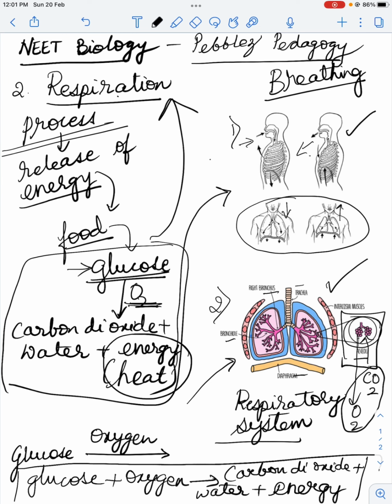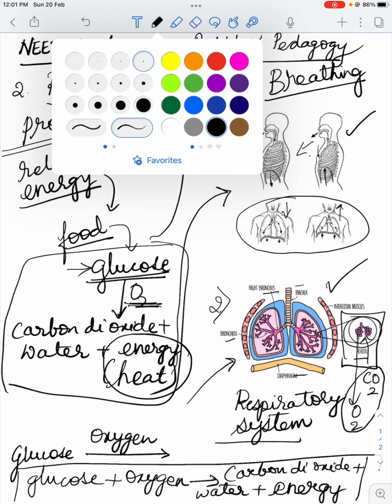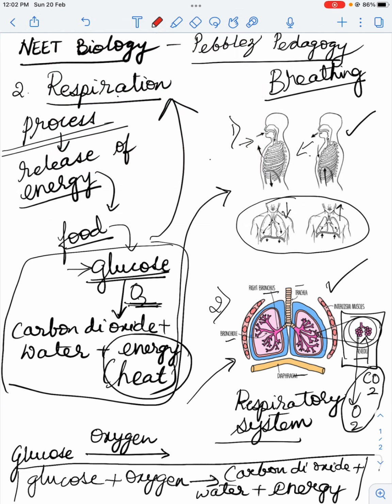All right, let me just recapitulate it for you. As always, let me make use of a different color. We are discussing the second life process that helps distinguish a living organism from a non-living organism: respiration. Before getting into what respiration is, we have already looked into how different respiration is from breathing. Breathing involves two phenomena: one is ventilation, the other is gas exchange.